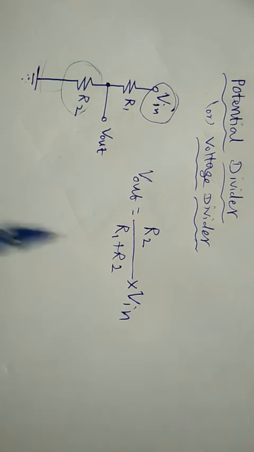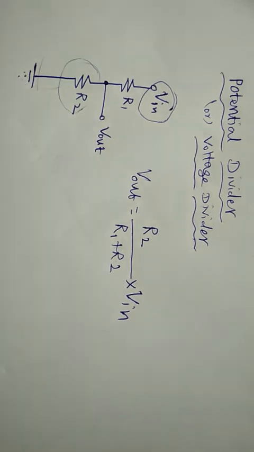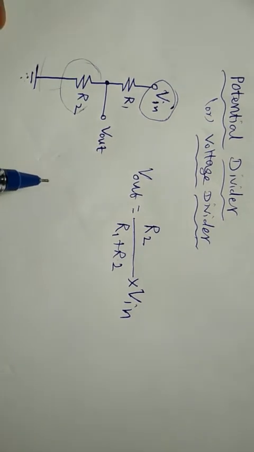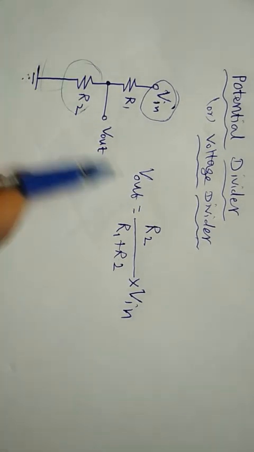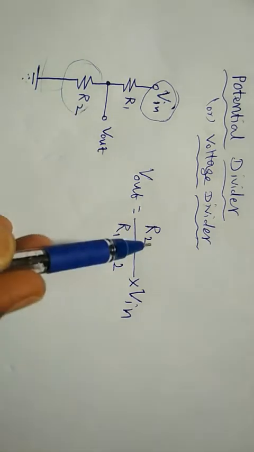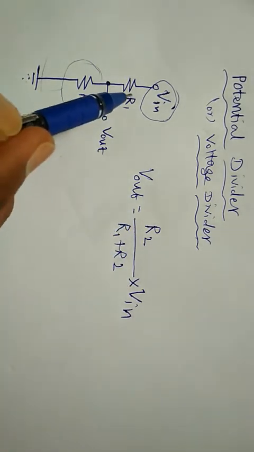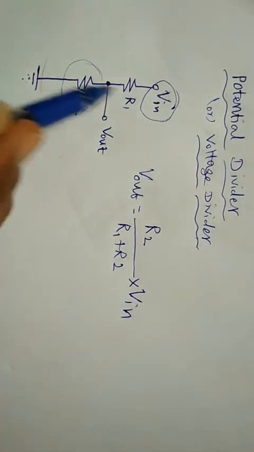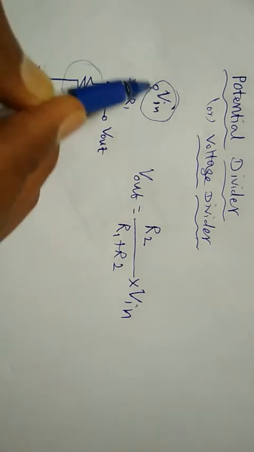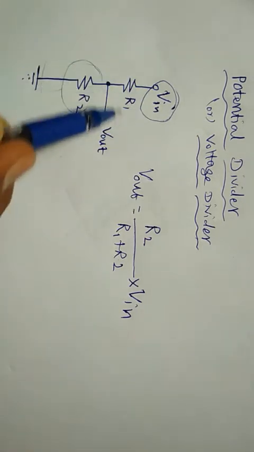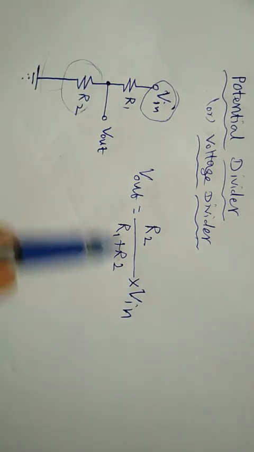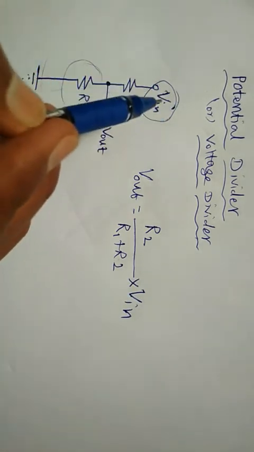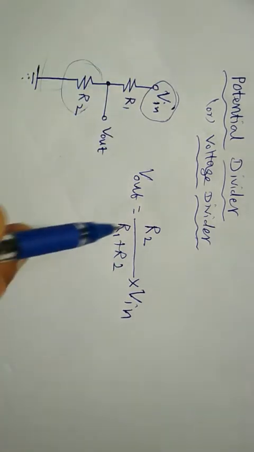I repeat: the component which is directly grounded, that is R2, divided by the addition of both the components involved in setting up this potential divider, R1 plus R2, multiplied by the source, that is the input to this potential divider.